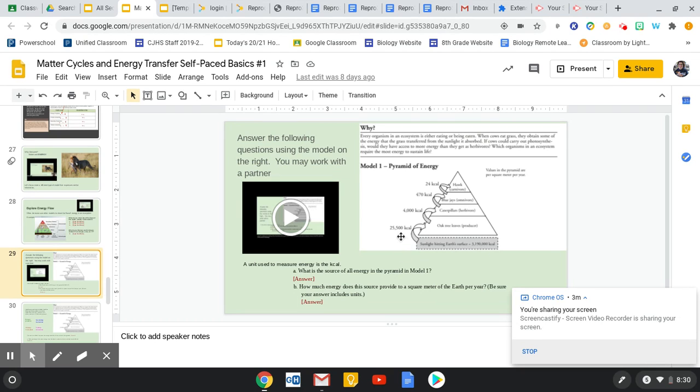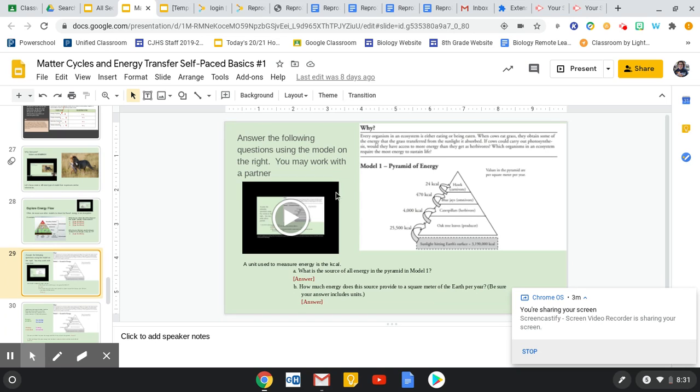Notice here we have the most energy available for the producers, at least 24 kcals as your tertiary consumers here. So make sure that you are making that connection with the shape of the pyramid reflecting the amount of energy that's available. It decreases as we go towards the top.